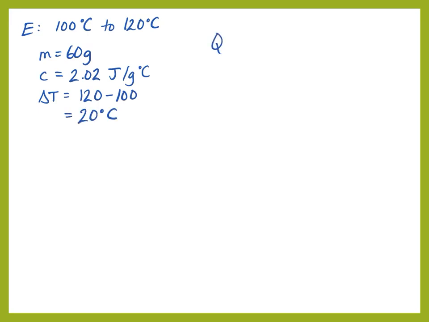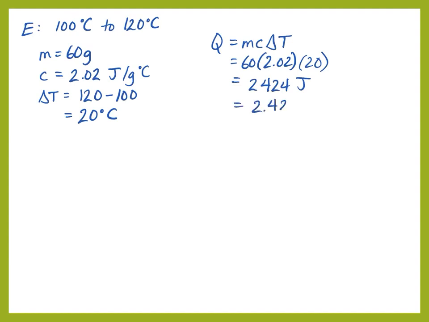So for that section, our energy is 60 times 2.02 times 20, which is 2,424 joules, or 2.42 kilojoules.